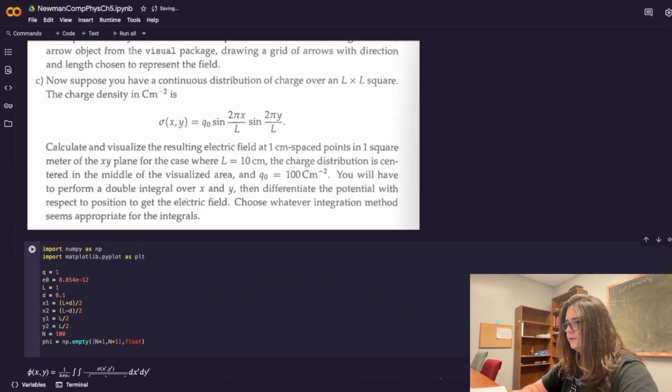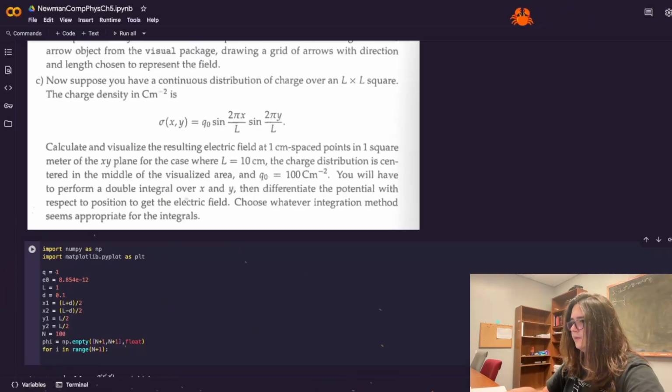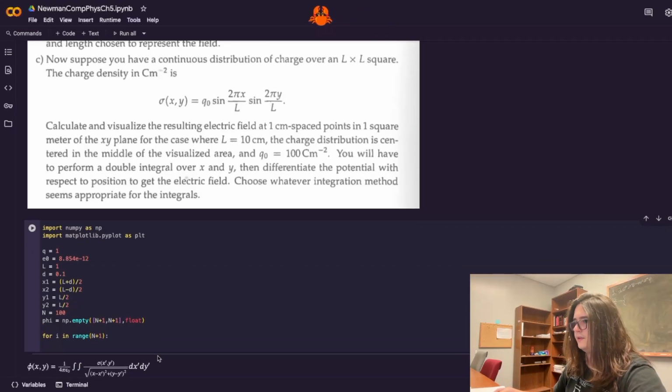Now that we have all those, we can actually get into the loops that we're going to be doing. So for i in range n plus 1, we need to be able to get a y coordinate that is being represented by the i that we're using.